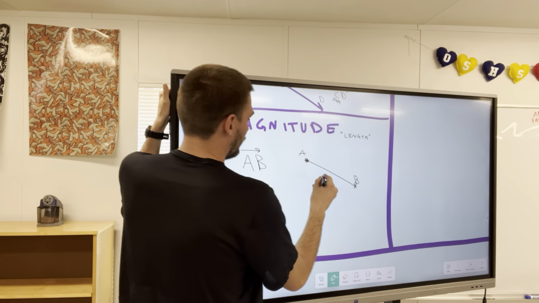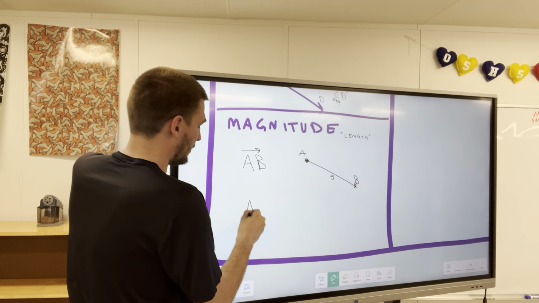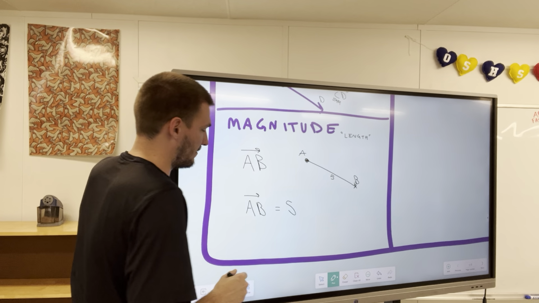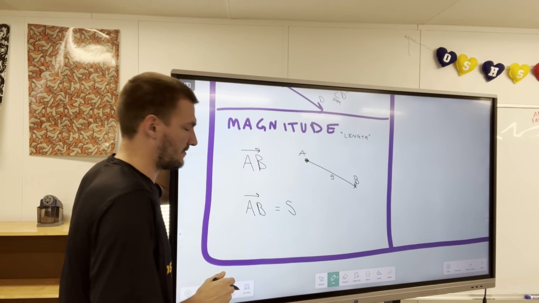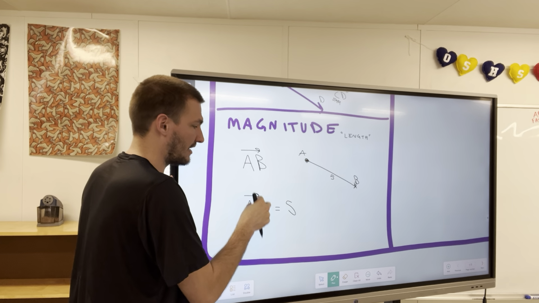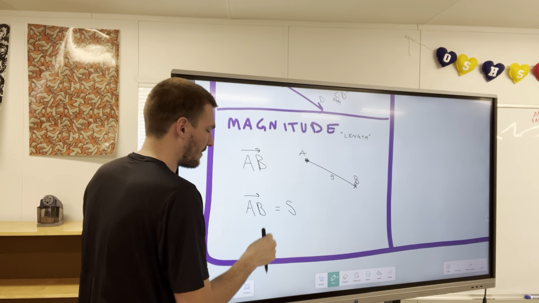Now, how do we write that? Because we can't put AB is equal to 5, because that would mean that the vector is equal to 5, but a vector is made up of 2 parts, the magnitude and the direction. And so we need a little bit extra on this vector to symbolize that we're only talking about the magnitude.